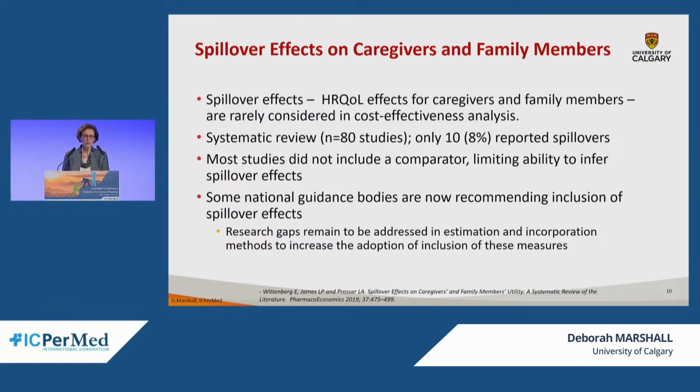So we're not measuring these things. And most of the studies didn't actually have a comparator, which all of you know as scientists is really important, so that we can understand it. And we're now starting in our national bodies to say, gee, maybe we should think about these spillover effects, but it's not the standard case.